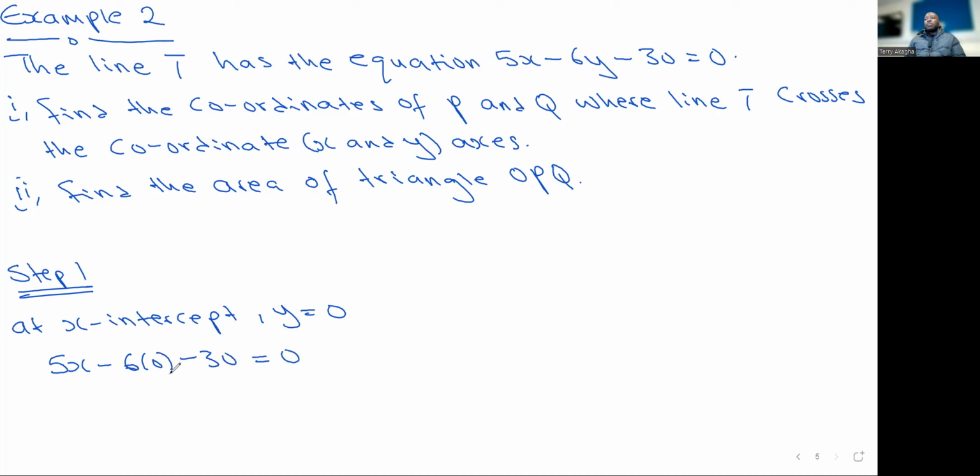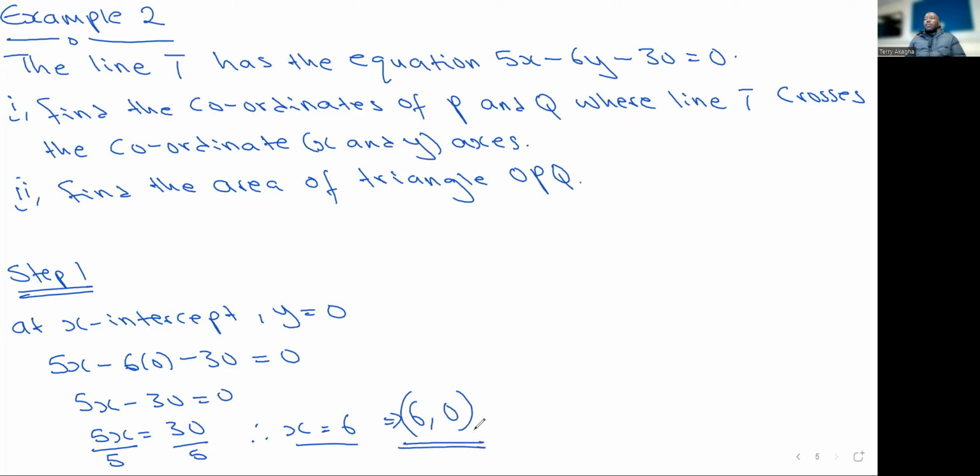That will give us 5x minus 30 is equal to 0. Take minus 30 to the other side, so 5x is equal to 30. Then divide both sides by 5. Then x will be equal to what? 6. So that means at x-intercept, x is going to be equal to 6, and y is going to be equal to 0.